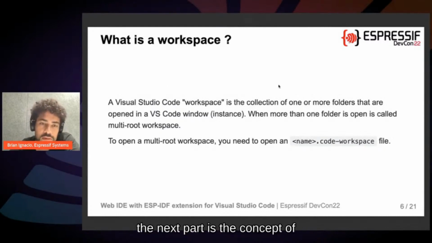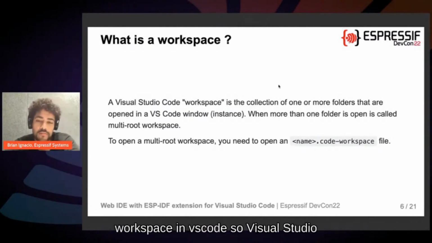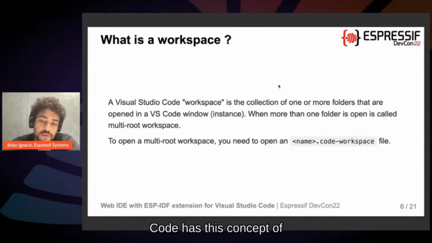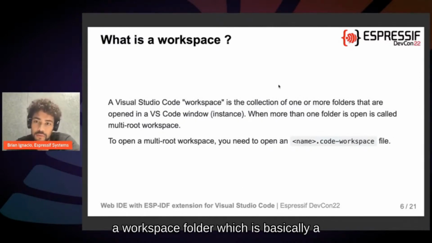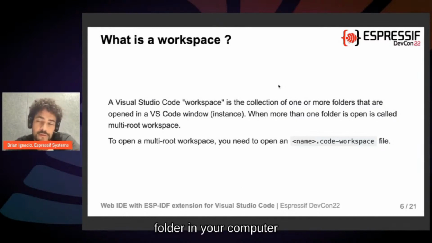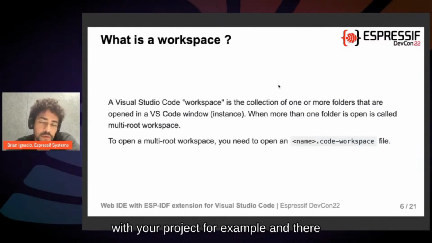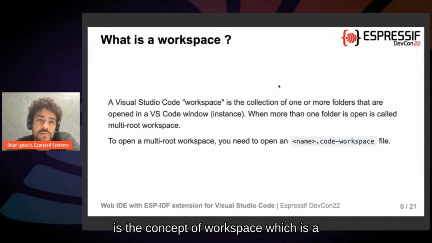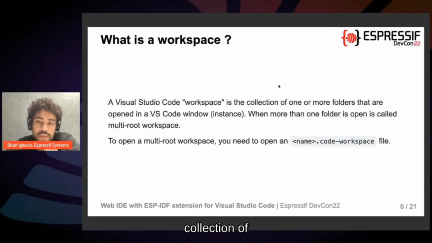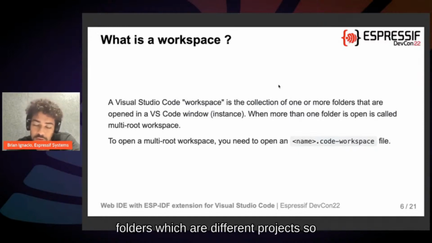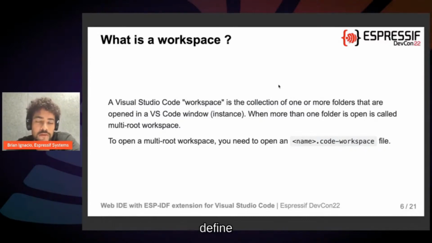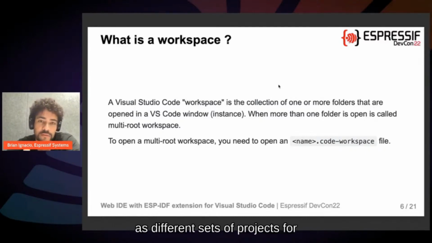The next part is the concept of workspace in VS Code. Visual Studio Code has this concept of a workspace folder, which is basically a folder in your computer with your project, for example. And there is the concept of workspace, which is a collection of workspace folders, which are different projects. So you can define different sets of projects.